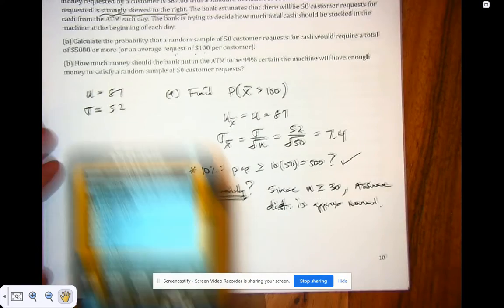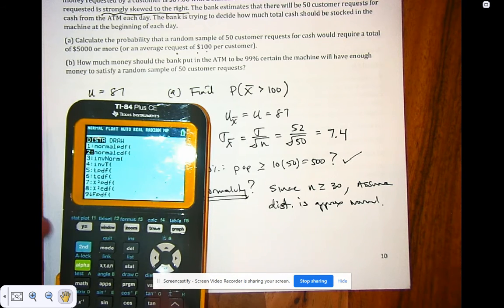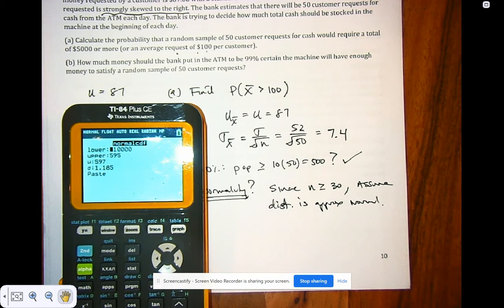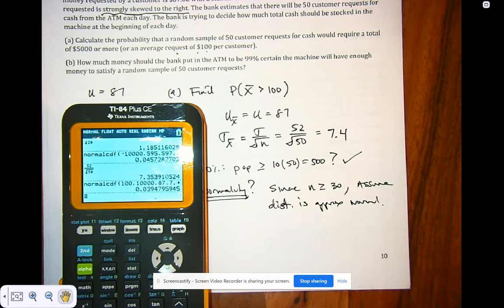As soon as you can assume that it's normally distributed, you can go click that normal CDF button. You can say, what's the probability that it's greater than 100 to 10,000 with a mean of 87 and a standard deviation of 7.4? You're off to the races.